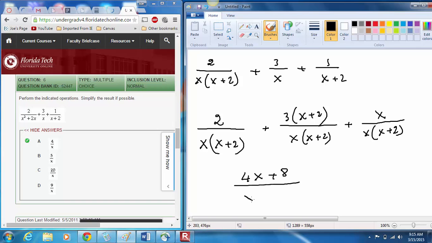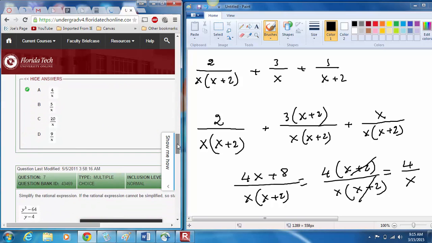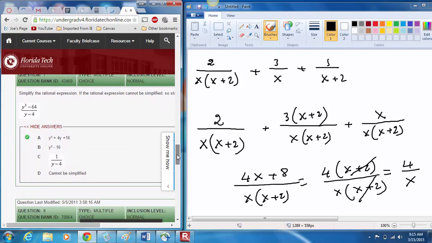And this is over x times x plus 2. But notice here we can simplify or factorize. Let's factor out the 4. Remember that 4x is 4x, 4 times 2 is 8, so the x plus 2 will cancel, and the final answer is 4 over x. And there it is. Let's try the next problem.